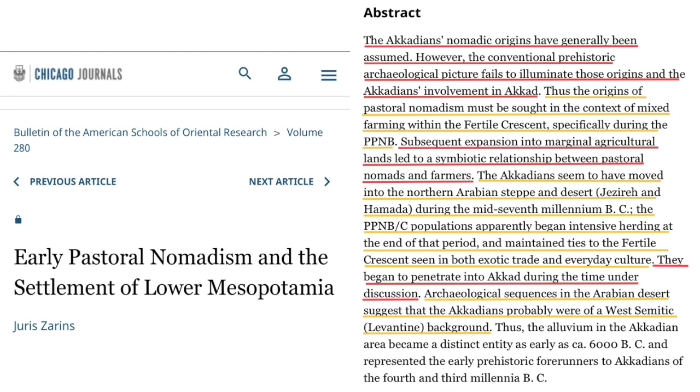Archaeological sequences in the Arabian desert suggest that the Akkadians probably were of a West Semitic Levantine background, that is, from early pastoral nomadicism and the settlements of lower Mesopotamia.